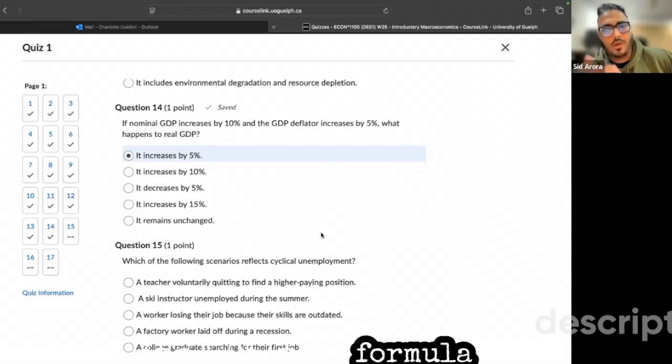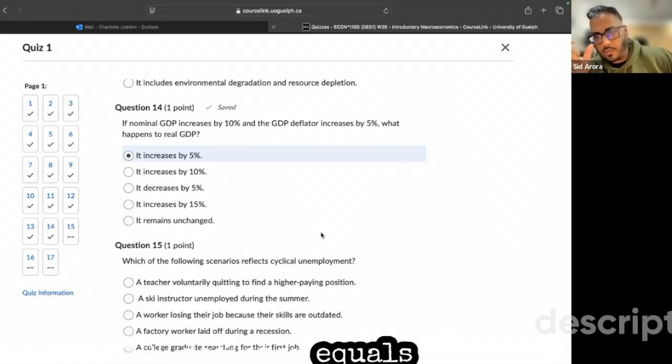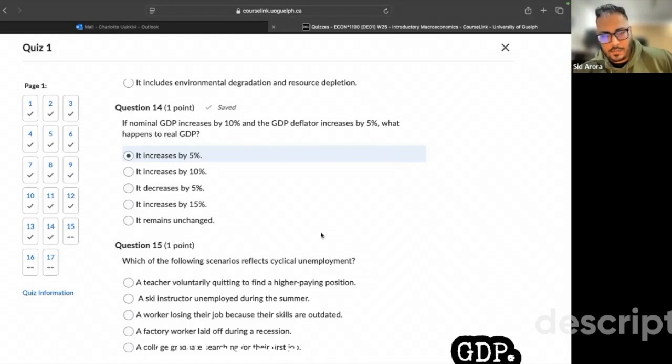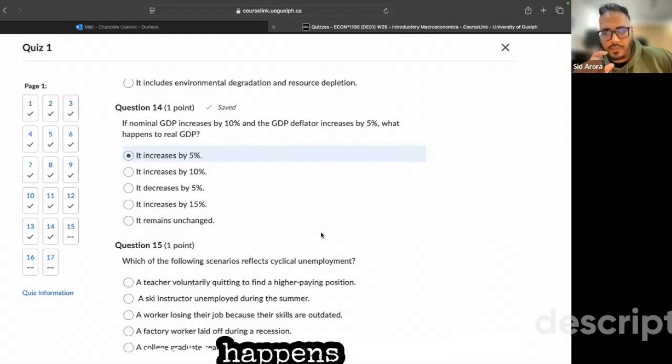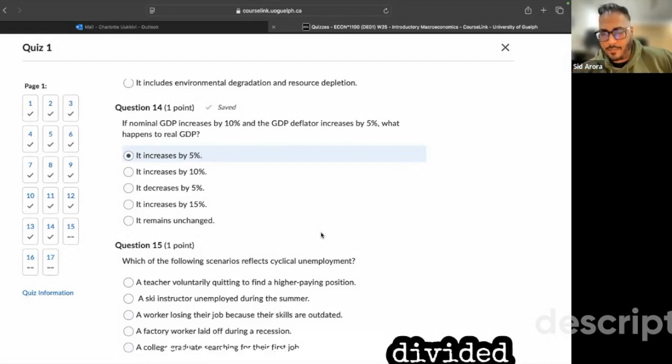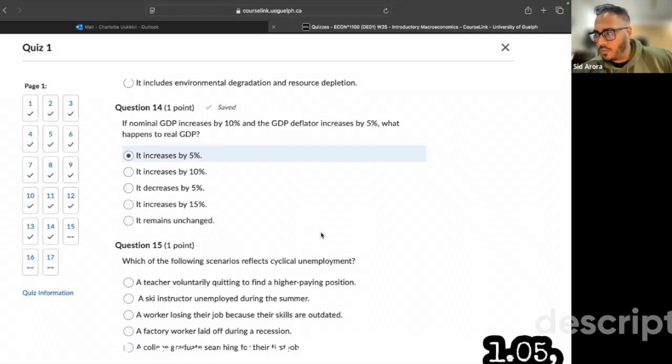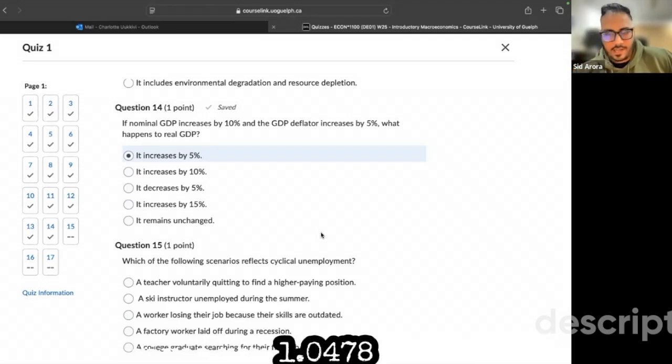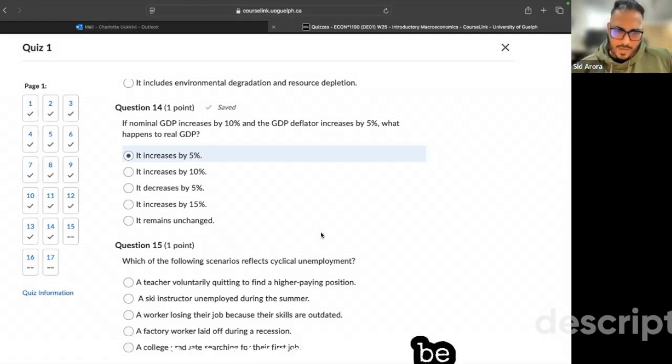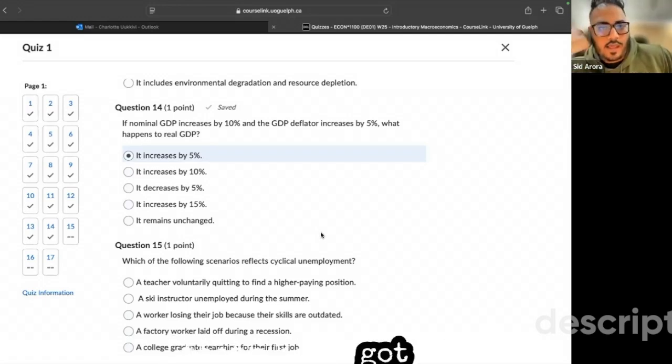Your formula was GDP deflator equals nominal GDP divided by real GDP, and they're asking you what happens to real GDP. So real GDP would be the nominal GDP divided by the GDP deflator. So 1.1 divided by 1.05 gives you 1.0478 something. The closest will be 5%. That's how I got that.